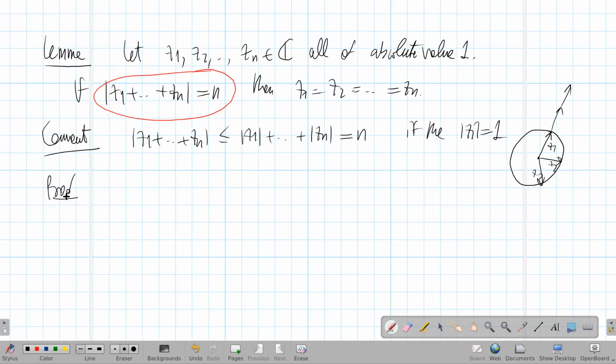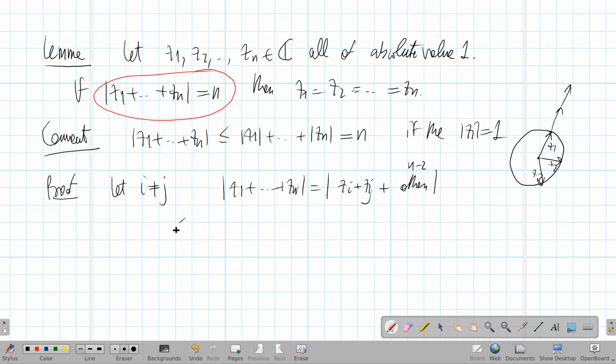So the proof goes like this. Let's take two different indices i and j among the indices ranging from 1 to n. Then you consider this sum and you rearrange it as zi plus zj plus the others. Of course, these are n minus 2 elements.